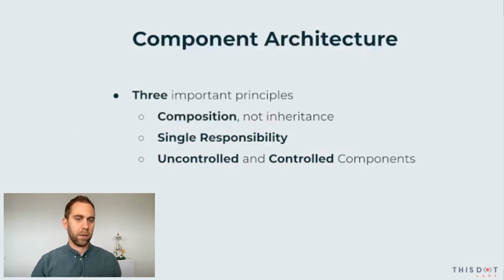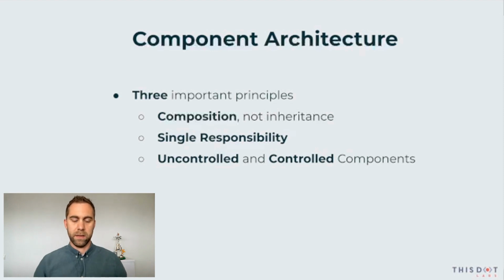There are 3 important principles that will help guide you to strong components that are reusable and will not break down when something changes. The first one is composition, and you might have heard of composition over inheritance.